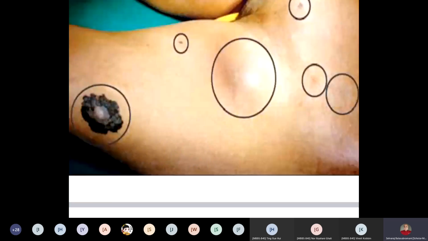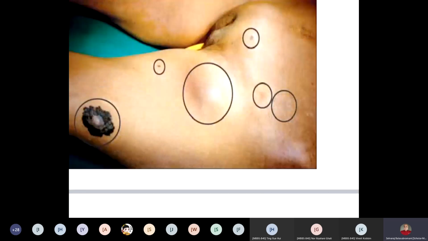The secondary will be where? What is this area? You are seeing plenty of lymph nodes here. What is this group of lymph nodes called? Inguinal lymph node. So in between, you will also have what is called satellite lymph nodes. In between the primary and the secondary areas, you can have a lot of lymph nodes.